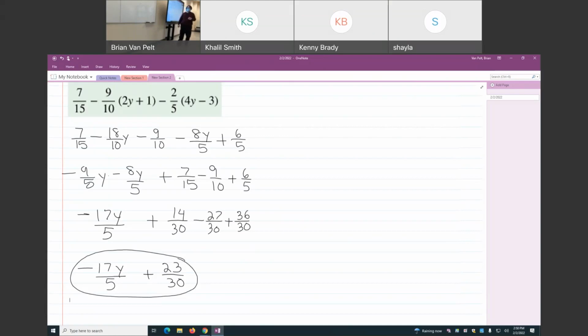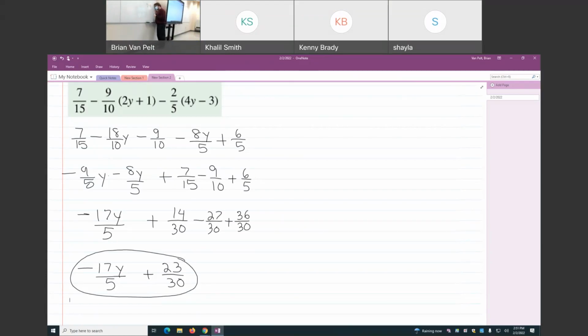At some point, you're going to have to combine them. Right, that's my problem. When I combined the negative 8y over 5 and my negative 18y over 10, I ended up not paying attention to the 18 over 10 and dropping it.